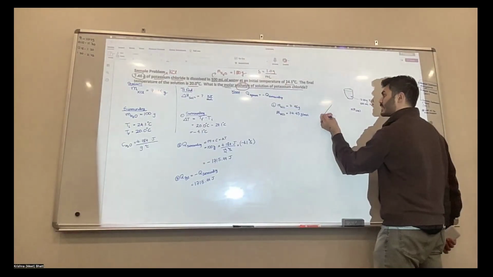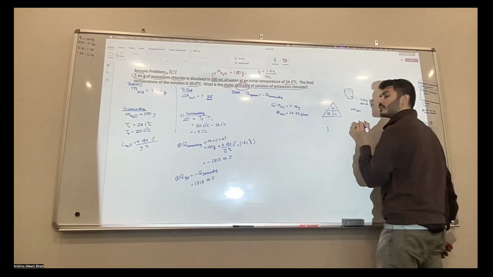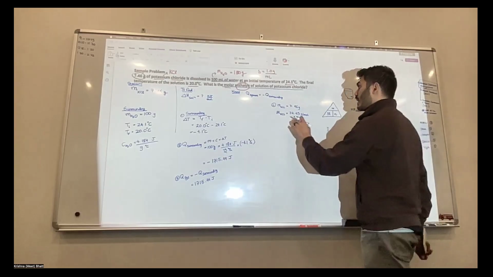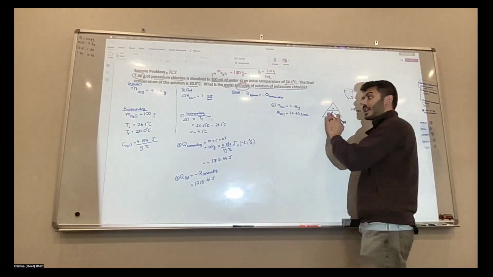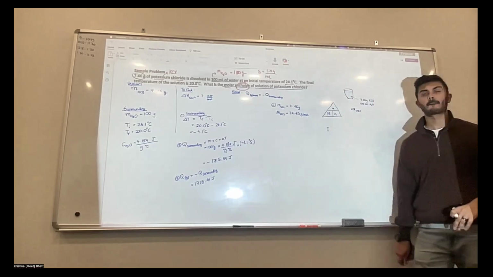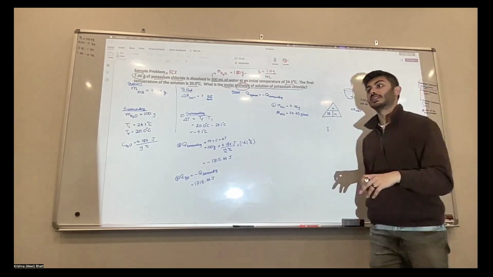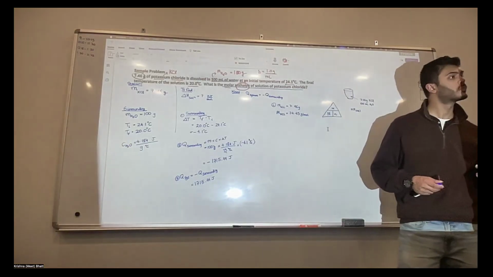And let's use our pyramid. Capital M, lowercase m, lowercase m. So I have mass, I have molar mass, I want moles. What will I do? Divide or multiply? Divide. Divide what with what? Correct.